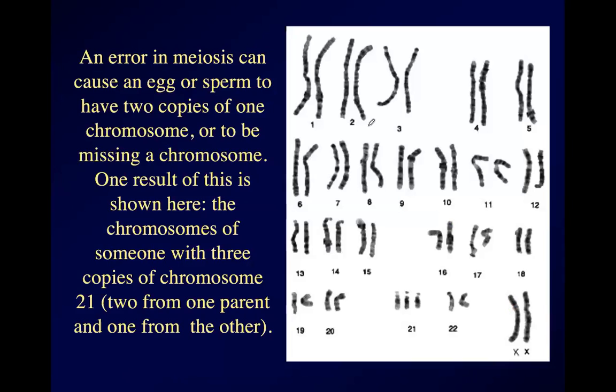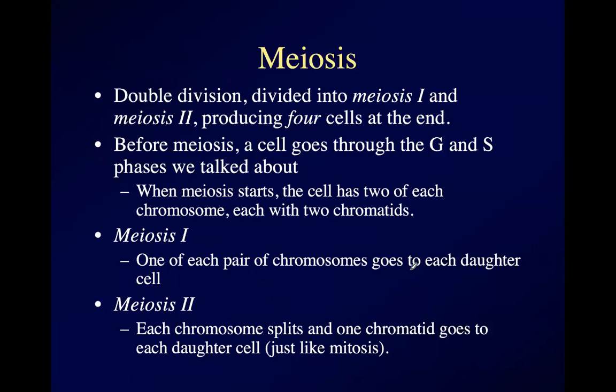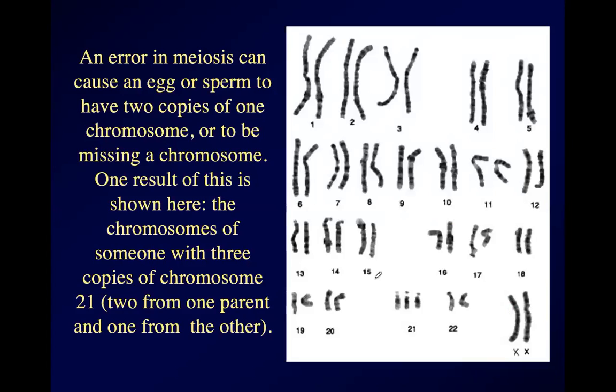These are the chromosomes from someone who's got 3 copies of chromosome 21. Whoops. Okay, I'll circle that to make it permanent. Chromosome number 21 exists in 3 copies.